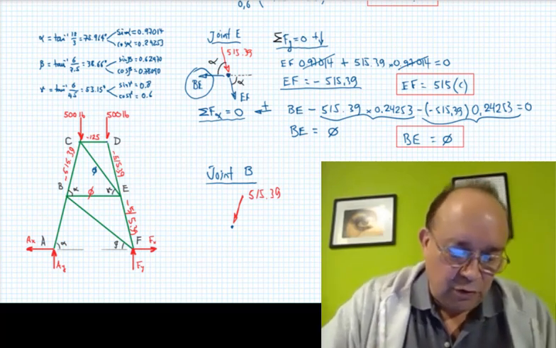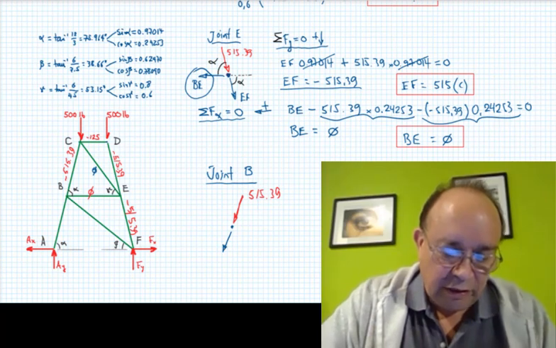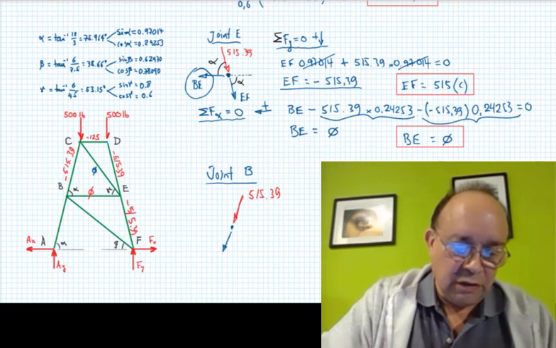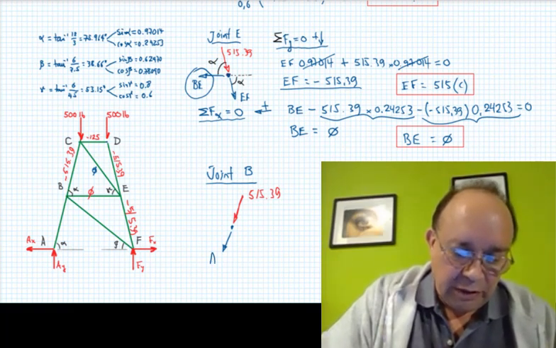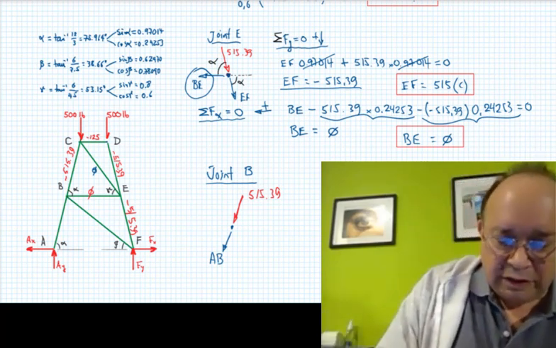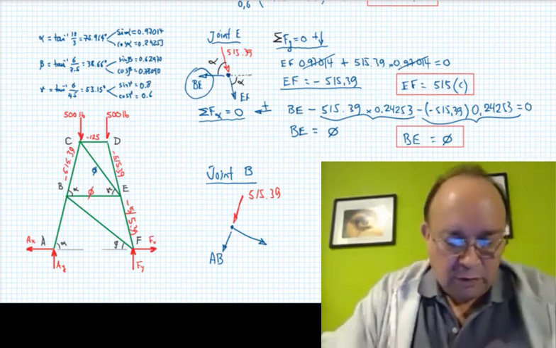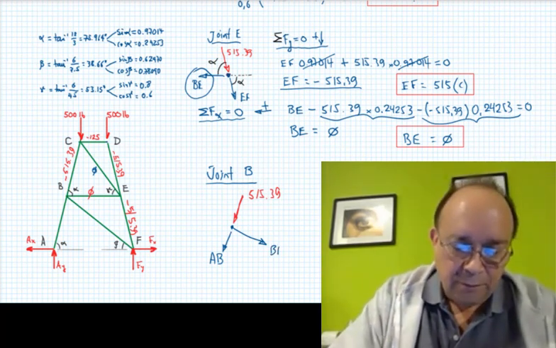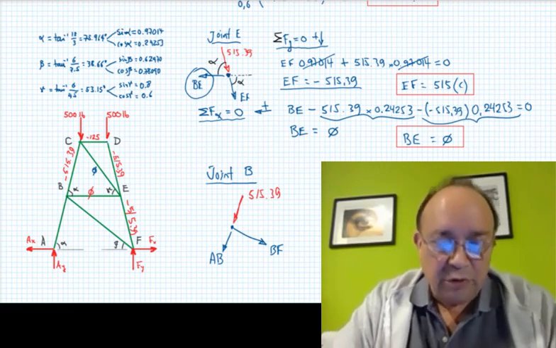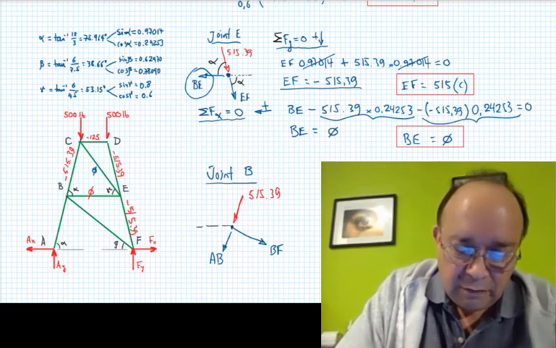A force going down that is unknown, so I throw it away from the joint in tension. I'm going to put the name here, AB, and another force in this direction called BF, also away from the joint because it's an unknown, so I put it in tension, and I have these angles here.